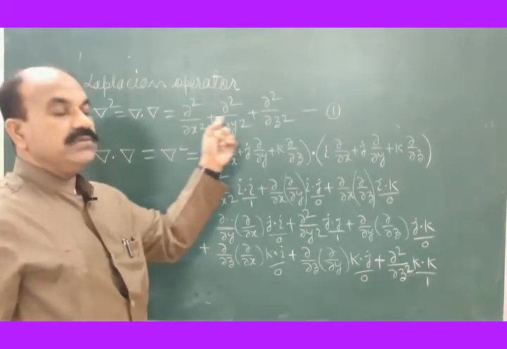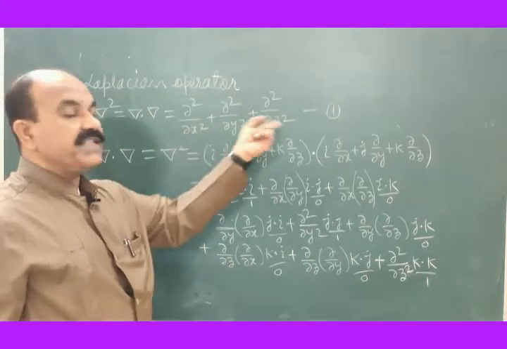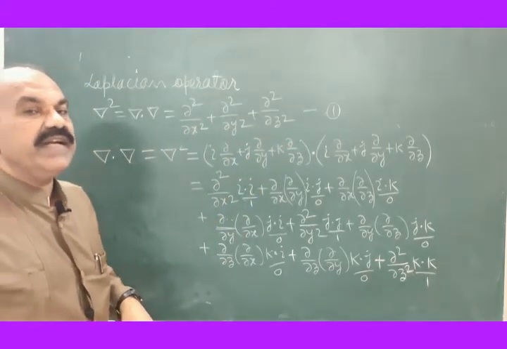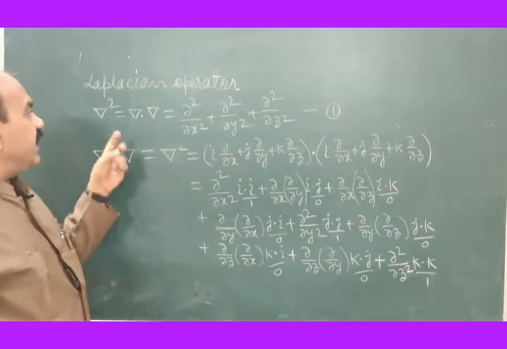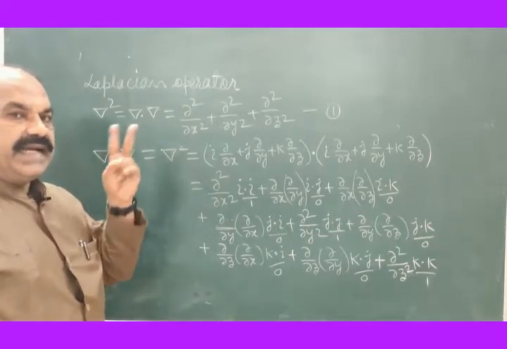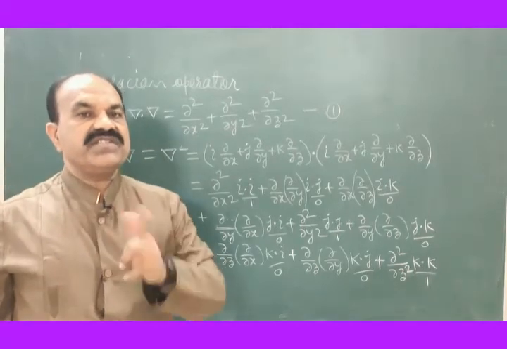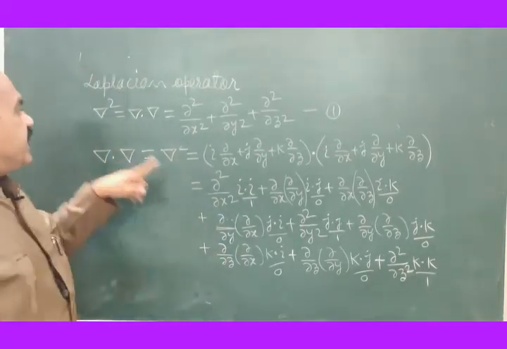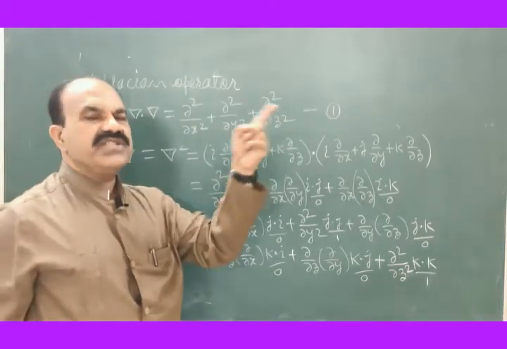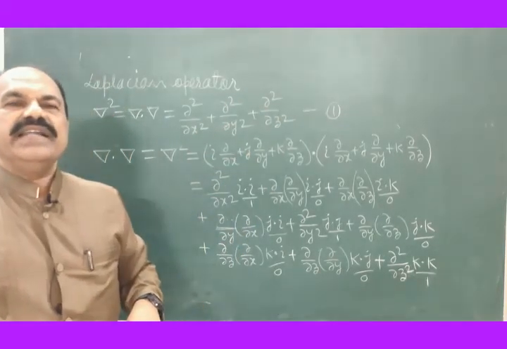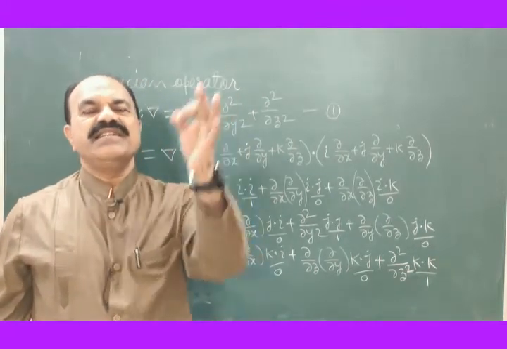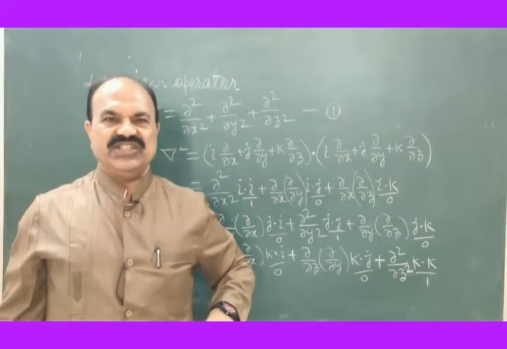Have a look inside the expression for Laplacian operator. What we find? We find that it is dot product of two vectors, and dot product of two vectors is a scalar. It means that del square is a scalar. That is, Laplacian operator is a scalar operator.